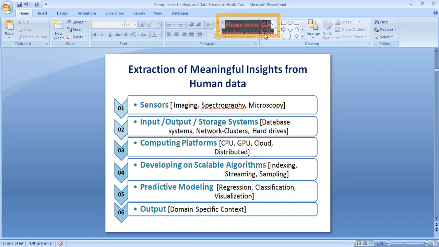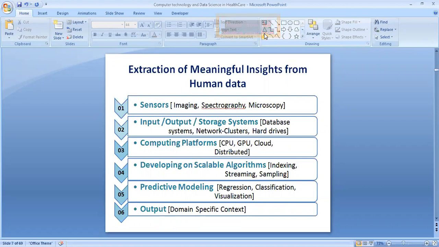If it is not feasible for us to work directly on the signals that we have acquired, probably we'll go in for transduction. So that will come in the first stage. Some examples I have also listed in brackets. It may be imaging, both anatomical and functional, or spectrography, or simple microscopical studies.